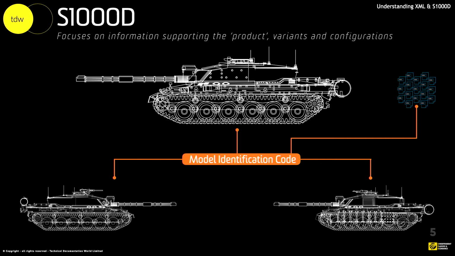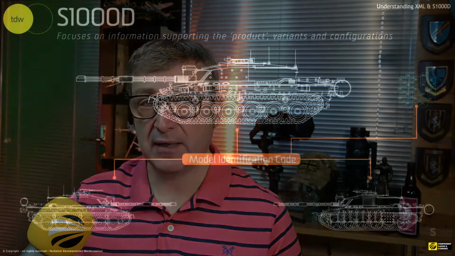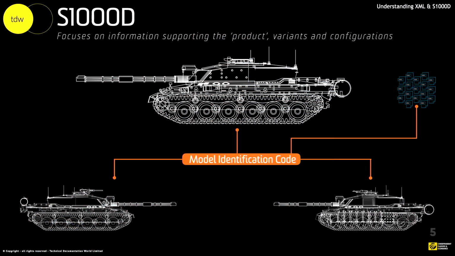Yes, I know there are other ways that we can do that in S1000D. We can use applicability, we can use system difference codes, we can do lots of different things. I'm keeping it simple for our YouTube channel, just breaking down this question that came in.